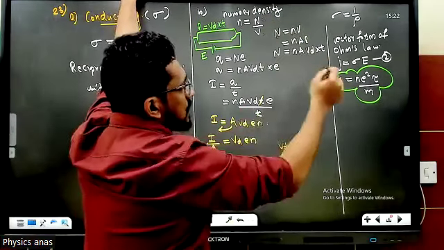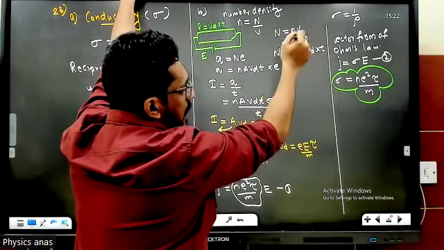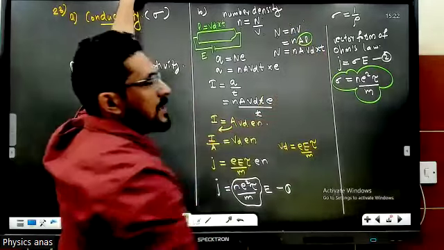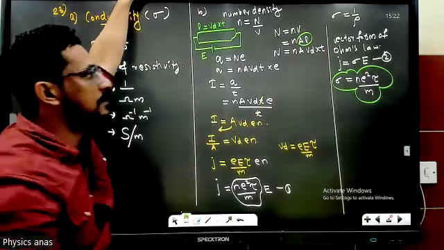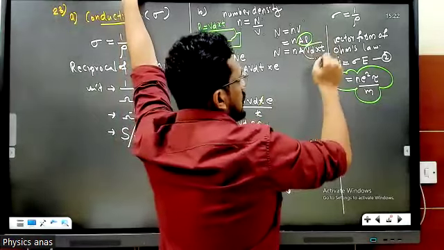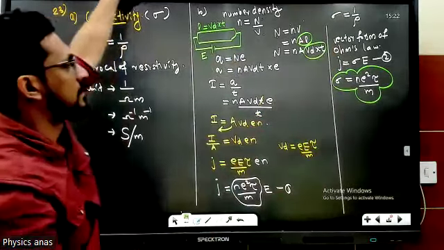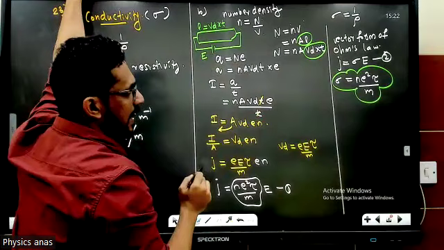So the number of electrons is n into V. Instead of V, you can write A into length, which is vD into t.